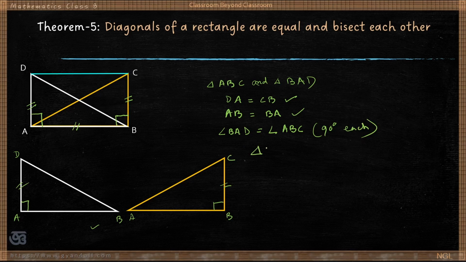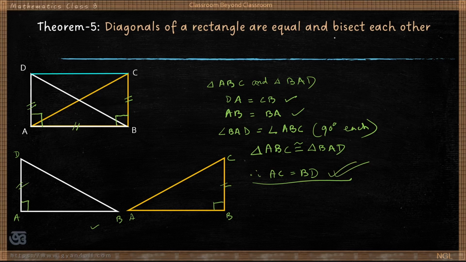So triangle ABC is congruent to triangle BAD. So if that is so, therefore you write AC is equal to BD. So these are the diagonals of the rectangle. So we have proved that diagonals of a rectangle are equal.